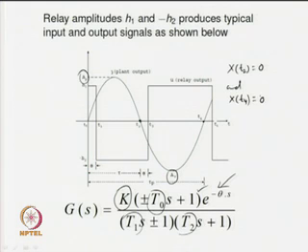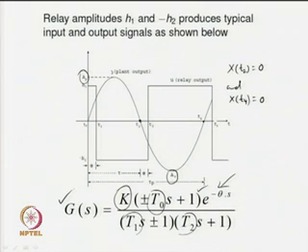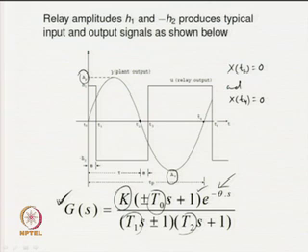Thus, the 4 measurements have enabled us to estimate 4 unknowns associated with the transfer function model using 4 nonlinear equations. In this lecture, we shall try to develop analytical expressions that can be used to estimate the steady state gain associated with the transfer function model.